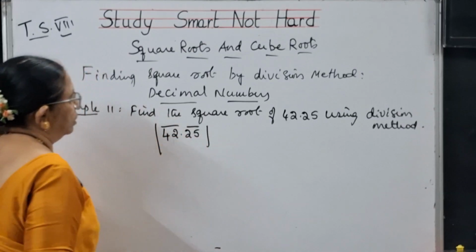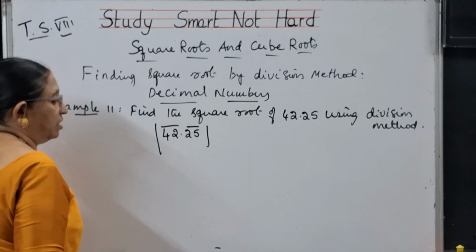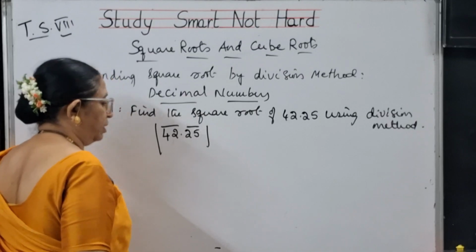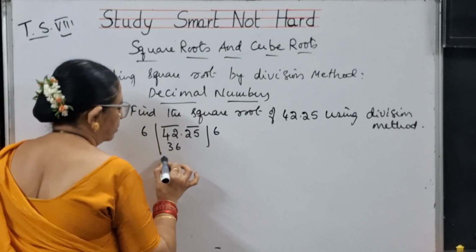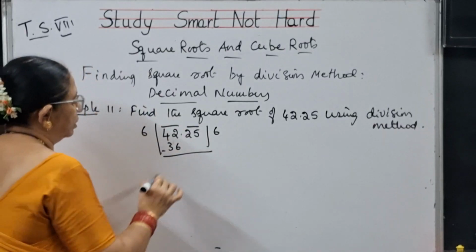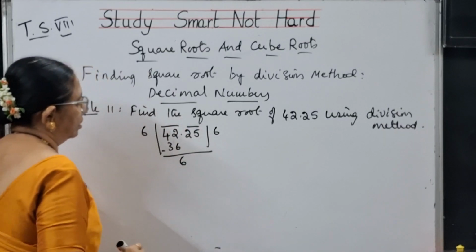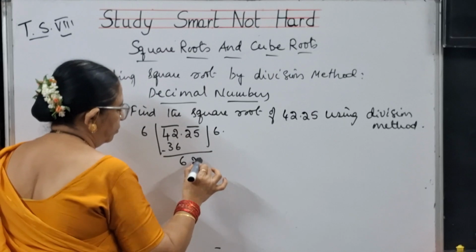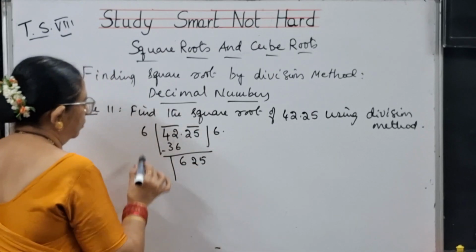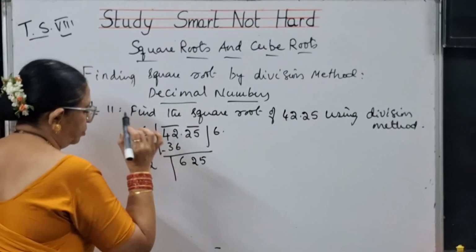pairing you have done. Now 6 sixes are 36, 7 sevens are 49. So you have to take 6. 36. So when you are subtracting, what are you getting? You are getting 6 here. And this decimal shifts here, and 25 you are taking as it is. Now 6 twos are 12 you will be taking.